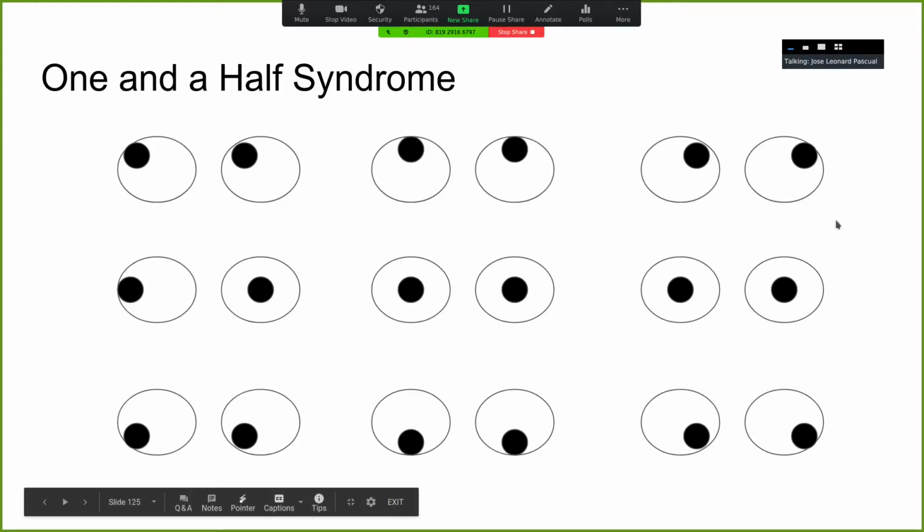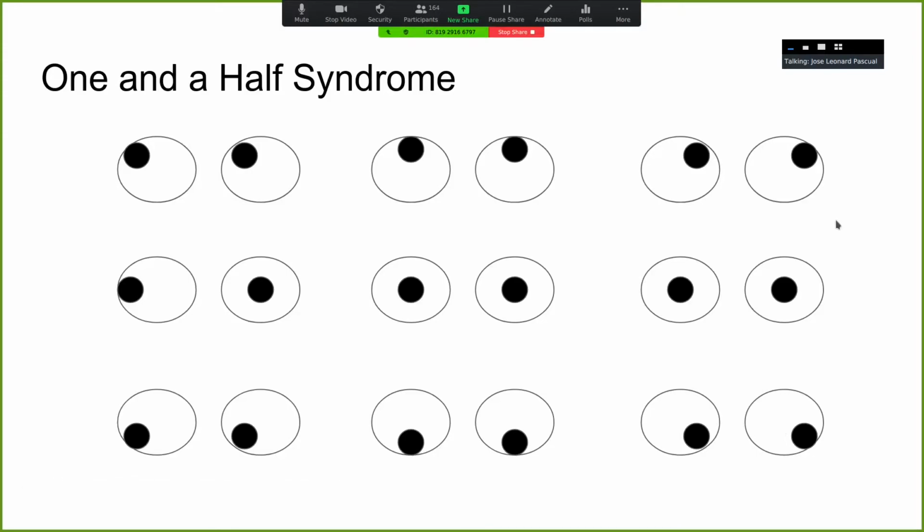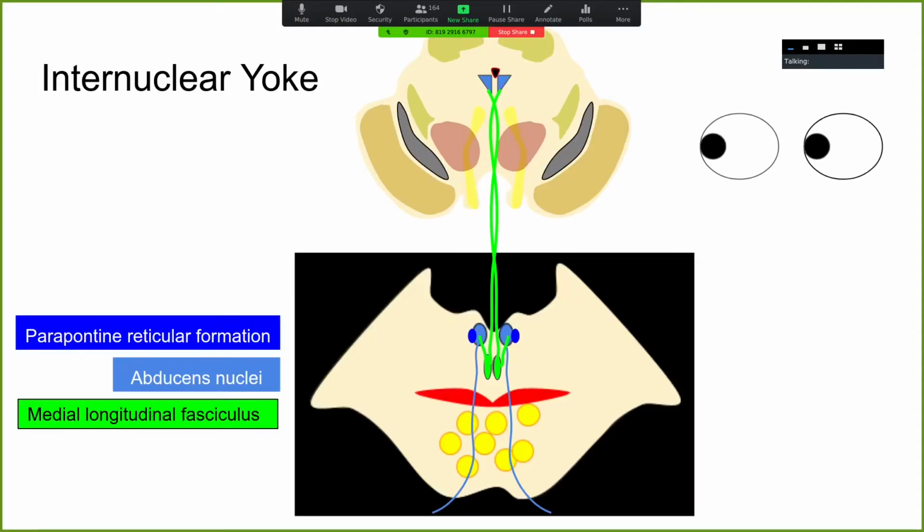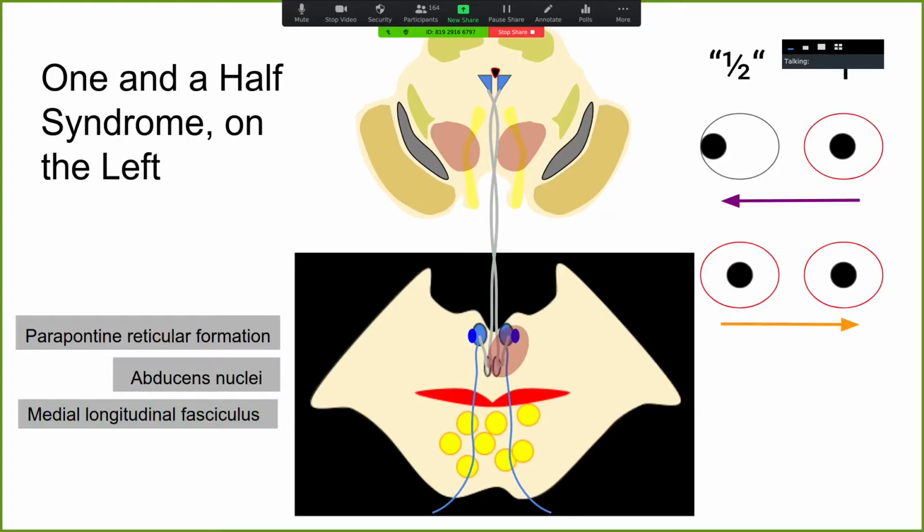If Dr. Batikalon has already mentioned it, or he has an upcoming assignment on it, the diving bell and the butterfly, now you know what's going on. So that's a 1.5 on the side of the one eye that is not moving at all. So a problem with the yoke on one side plus a PPRF problem. So the 1/2 is due to the MLF, the 1 is due to the PPRF 6 problem.